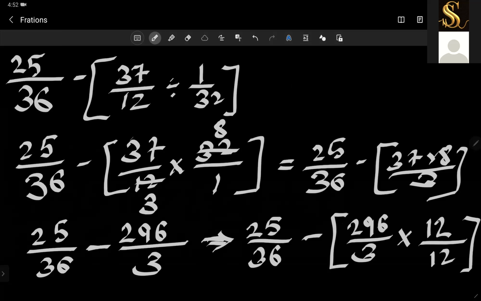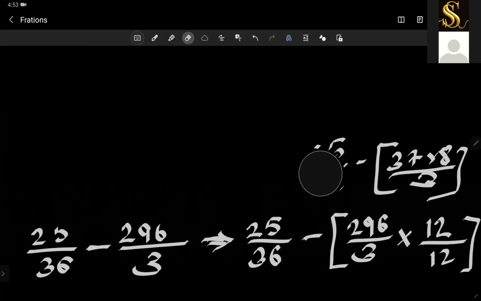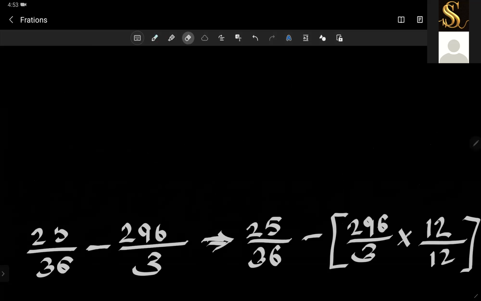Now let me erase the above lines. Now we'll solve this part. So this will become 25 upon 36 minus 296 into 12. So now what is 296 into 12?